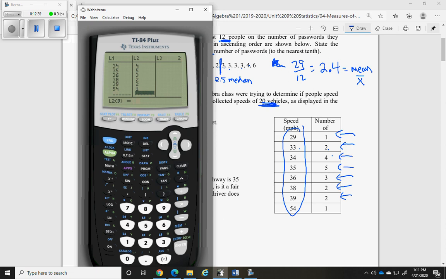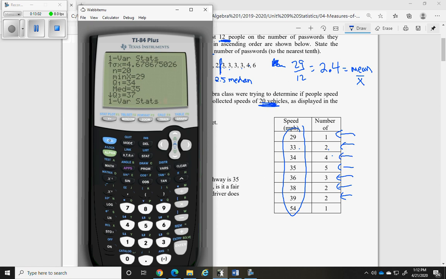Now, when I go to Stat and Calculate, it's still a 1-Var Stats, still one set of data. It's just that I want my list to say L1. Do you see above number 1, in blue it says L1. Above number 2, you see the L2. Above number 3, you see the L3.